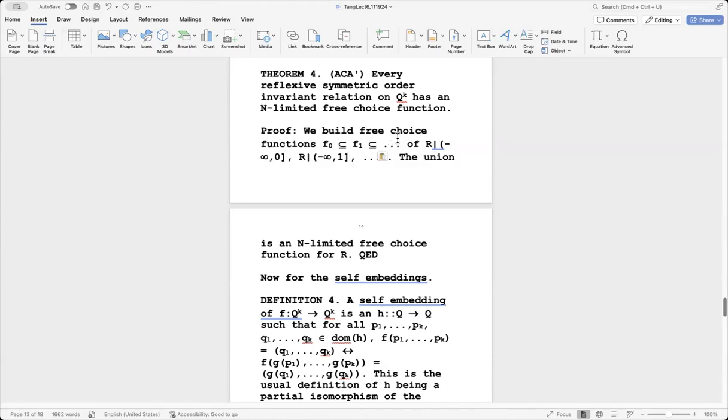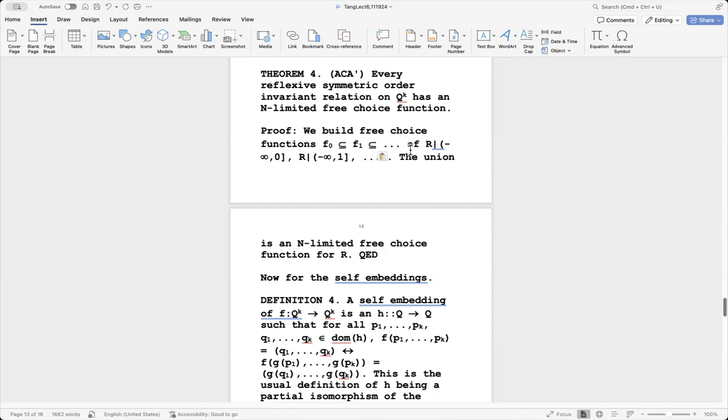There's no problem defining what we mean by free choice functions if I'm working on minus infinity to t instead of minus infinity to infinity. It doesn't make any difference. The definitions are the same, but relative to the space.